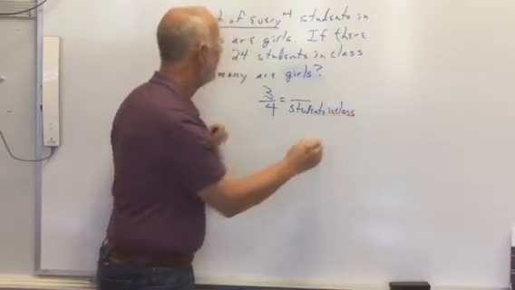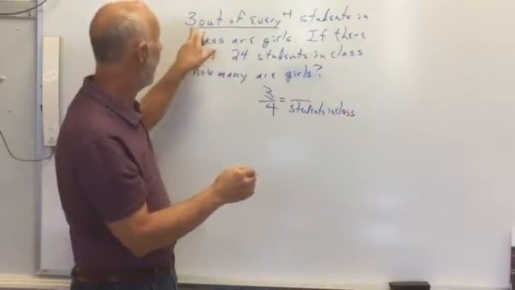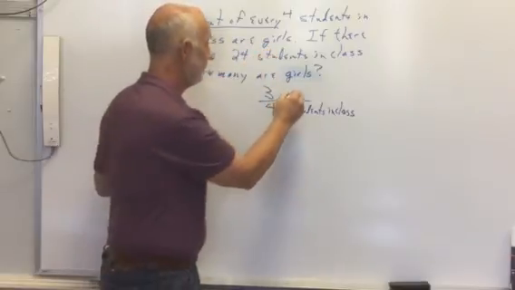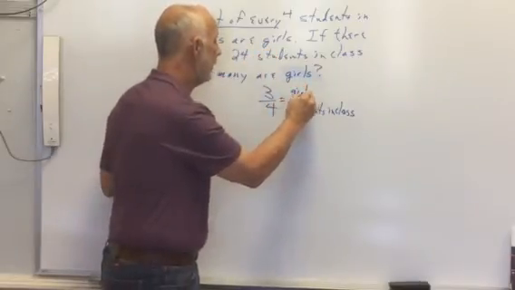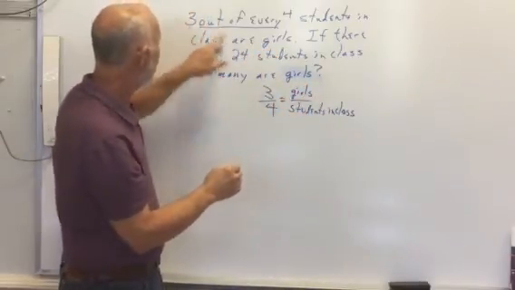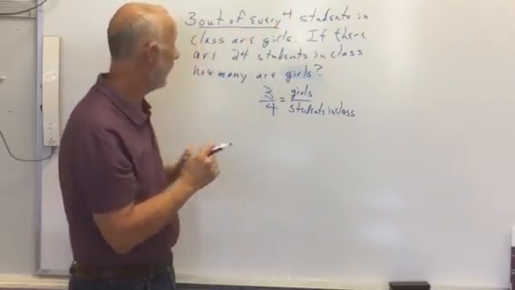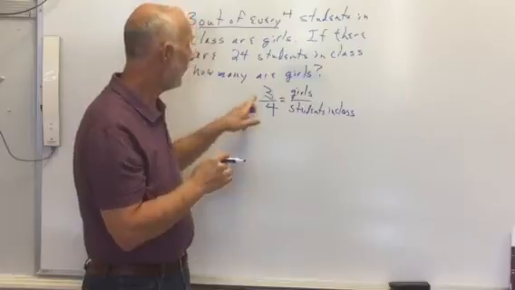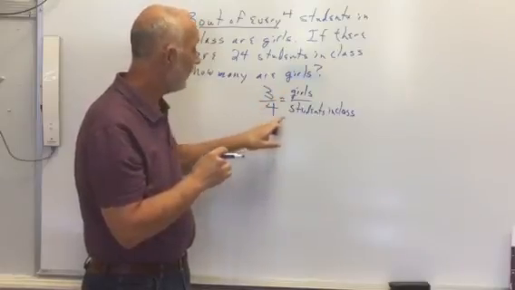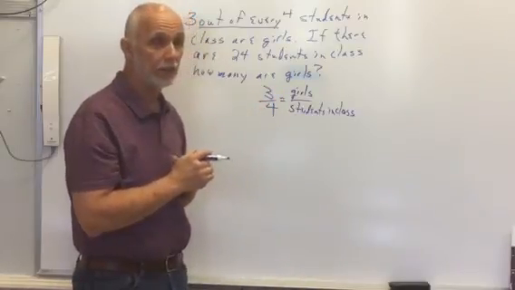And the 3 stands for the ones that are girls. And again, it's kind of tricky. The 3 is in the back of the sentence, what it stands for, but the 4 is in the front. So again, 3 girls out of every 4 students in class.